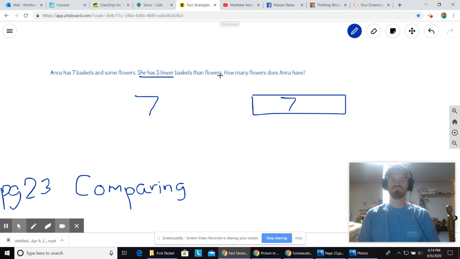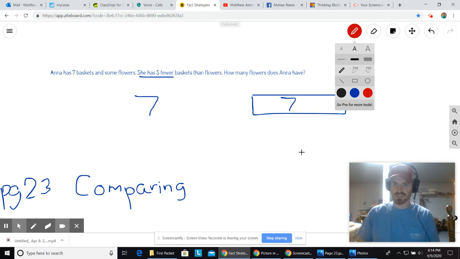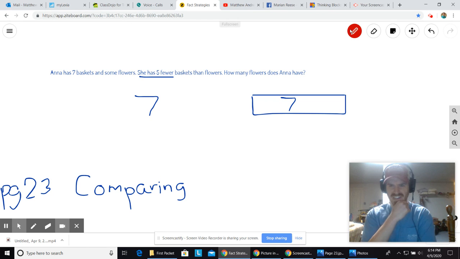Hmm. So if I were to draw a rectangle for my flowers, it would have to be longer than this one for baskets because it says that she has 5 fewer baskets. This rectangle has to be smaller because she has 5 less than she does flowers. So I'm going to draw a rectangle for flowers. But how do I know how long I need to draw that? Well, it says that she has 5 fewer, 5 less.